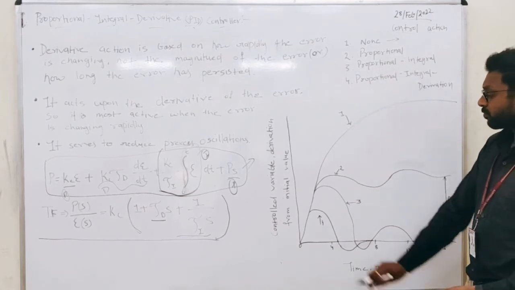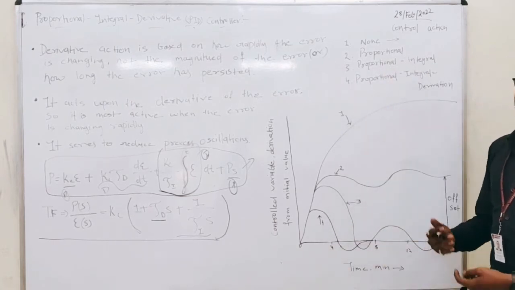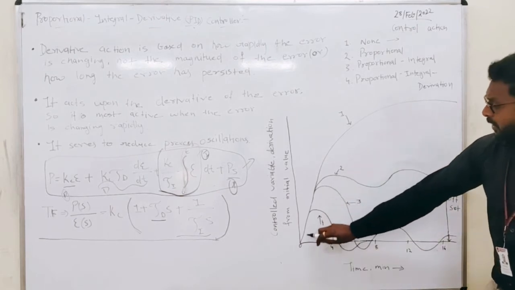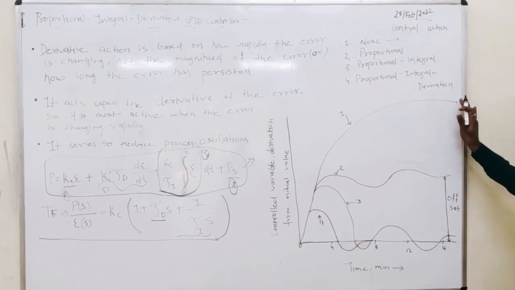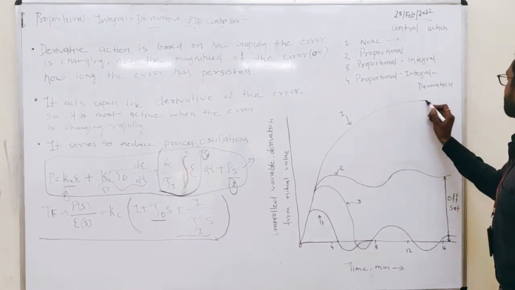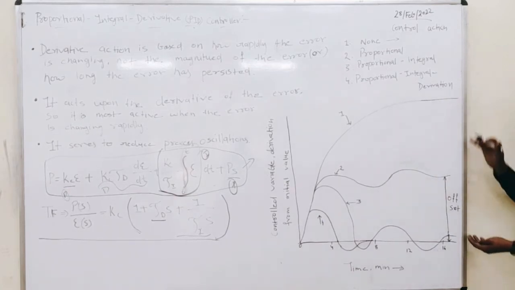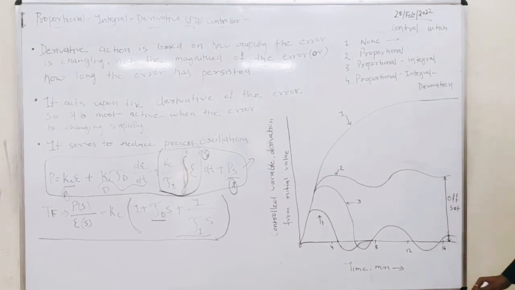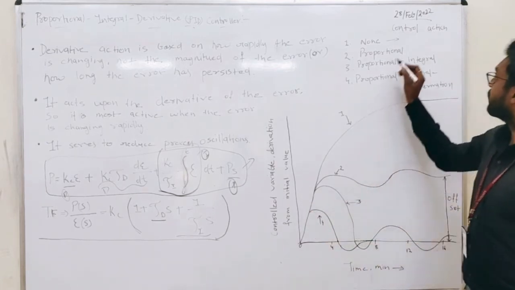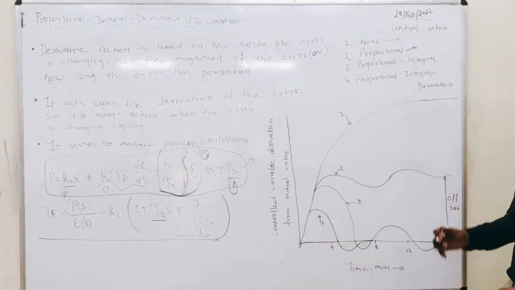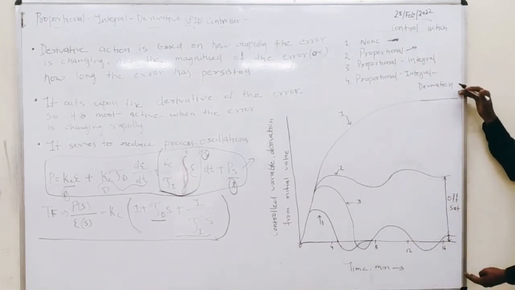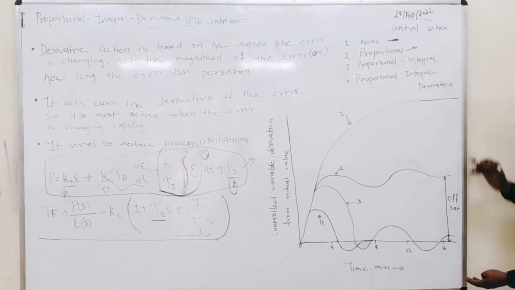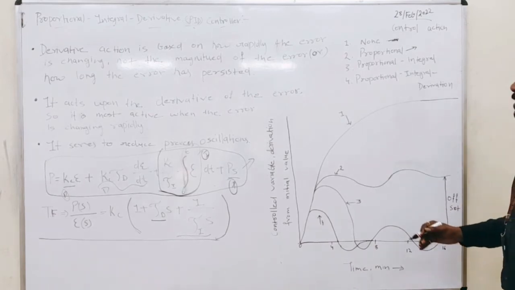That means it is removing the error, but it takes a longer time to reach the steady state, and the offset value is very high.